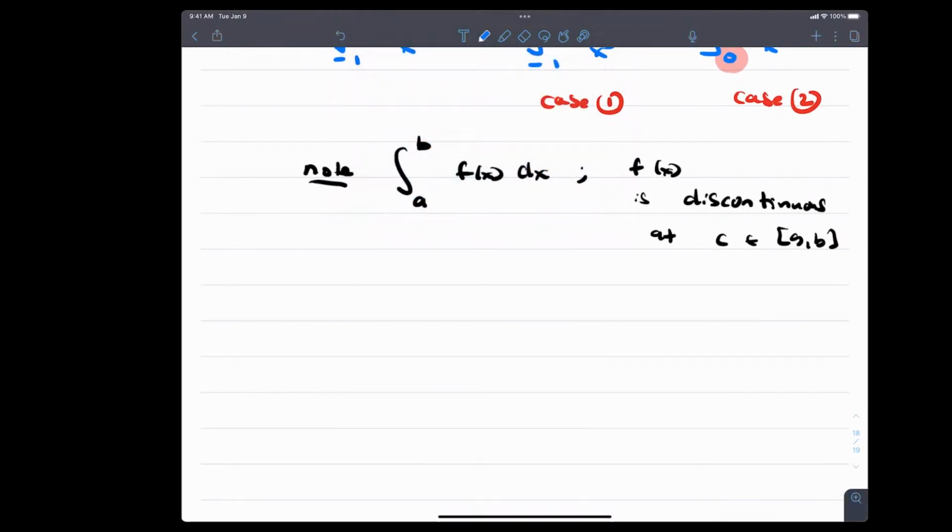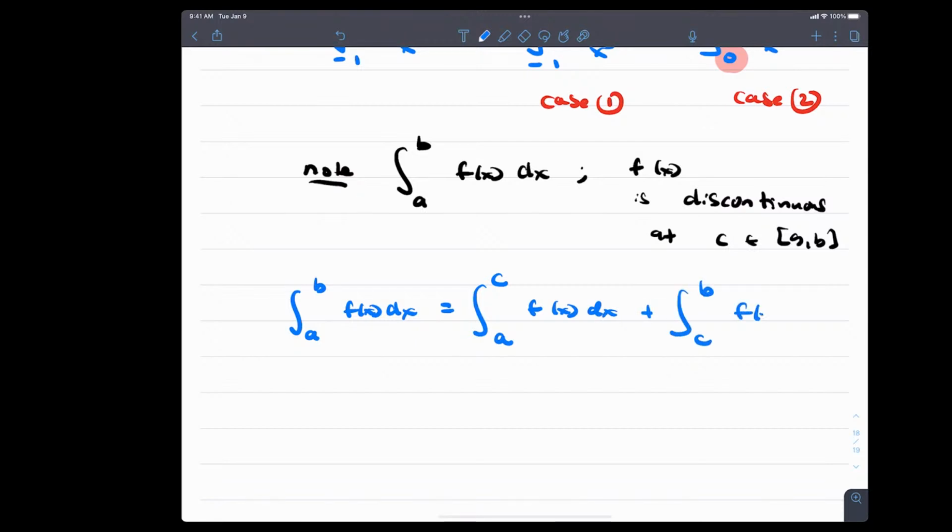So how do you write that integral? This integral will have to go from a to c, f(x) dx, plus c to b, f(x) dx. Remember, the problem here is at some c, you have discontinuity.